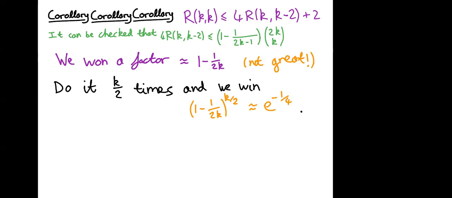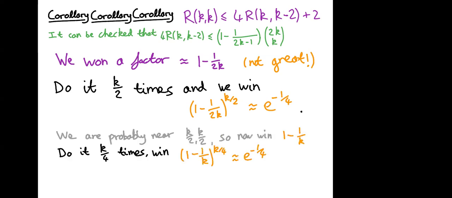So in the worst case, you're kind of comparing to our k over 2 choose k over 2. But that you can still improve by another factor. By the time you think about our k over 2, k over 2, by this same argument, you're winning a factor which is like 1 minus 1 over k, because the k in quotes will now be k over 2.